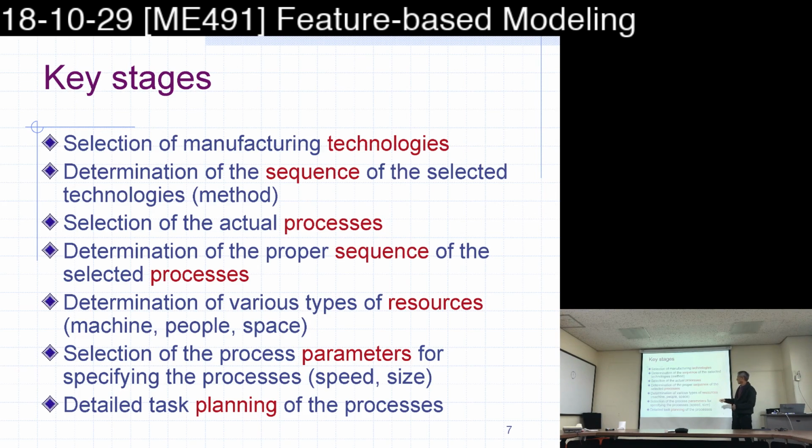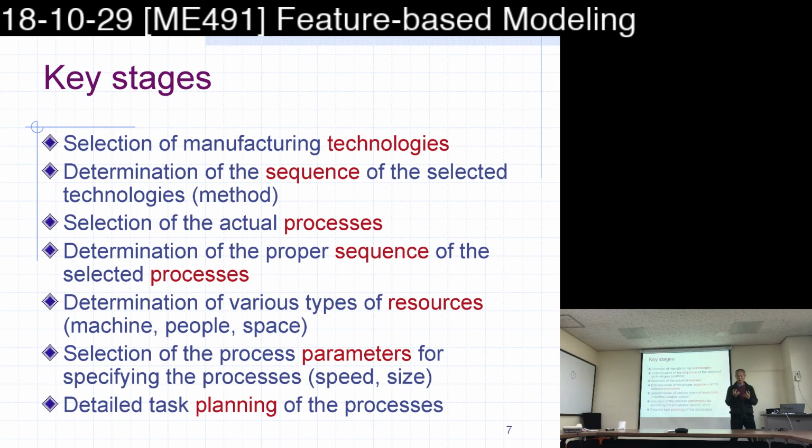And then resources: what kind of machine, who is doing it, and where, the space, location. As I told you before, the same Volkswagen Golf car can be manufactured in 30 different factories around the world. Same Golf car, in different space, with different people, different machines.